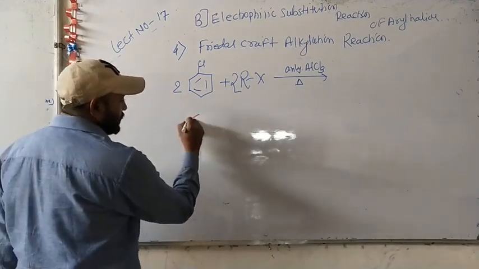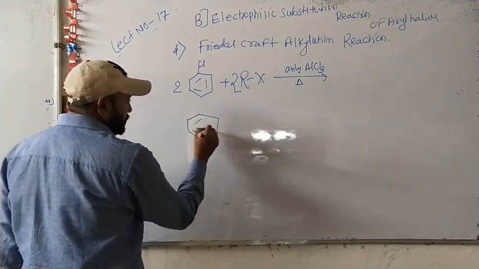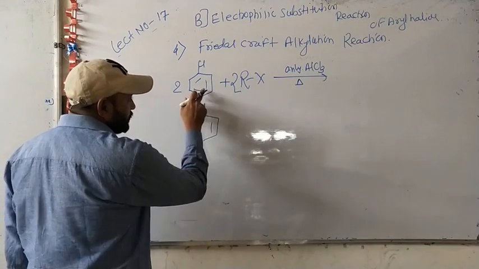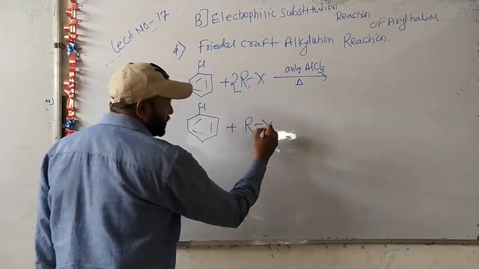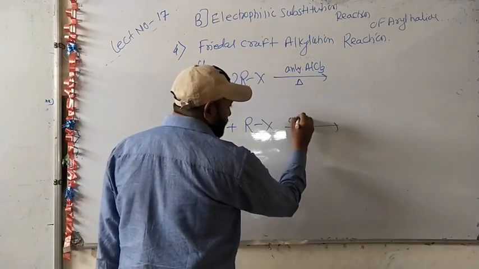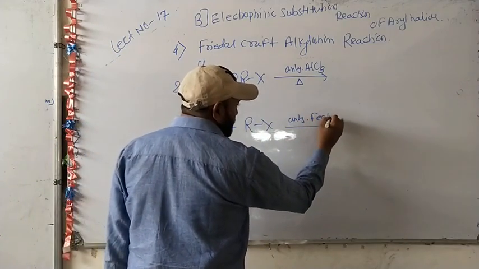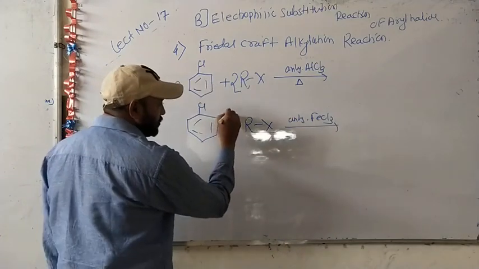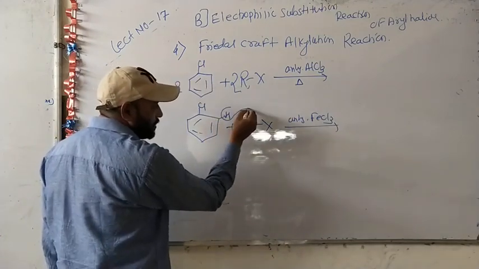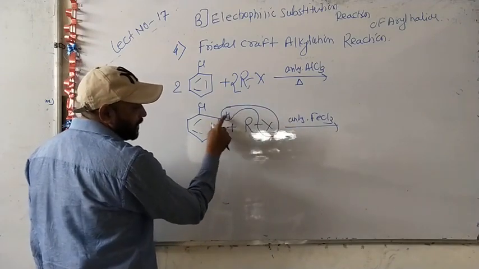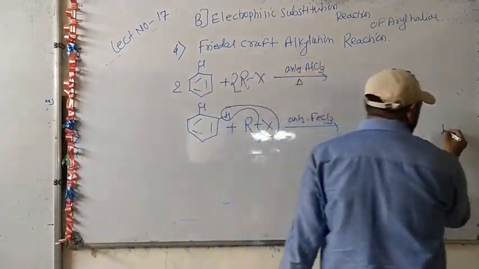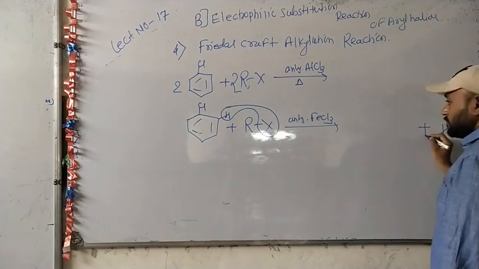Look at the first chlorobenzene: the first molecule plus the first molecule of this RX in presence of catalyst anhydrous FeCl3. So from the ortho position we lose hydrogen, and from the alkyl halide we lose X. So what is lost? HX.